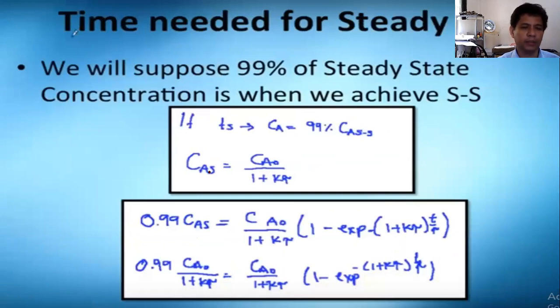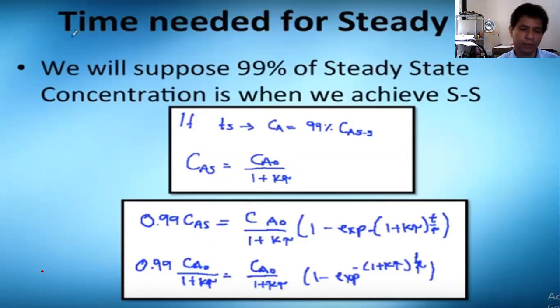This is the steady state CA, equal to CAO over (1 plus K tau). So just multiply it with 0.99 and replace CA with 0.99 CAS. And CAS is CAO over (1 plus K tau). As you can see, this will cancel out, so with this we can solve for t.